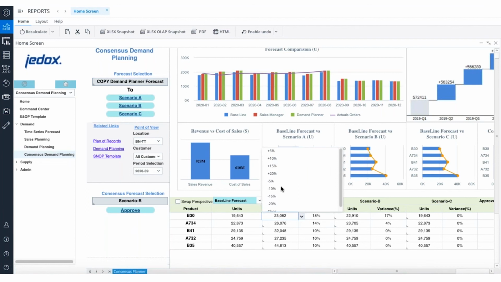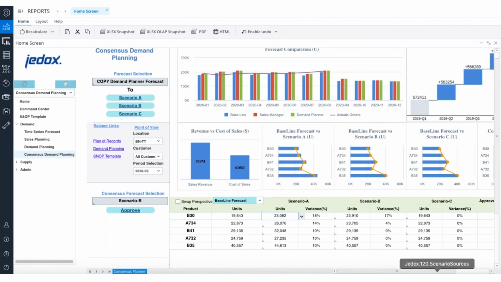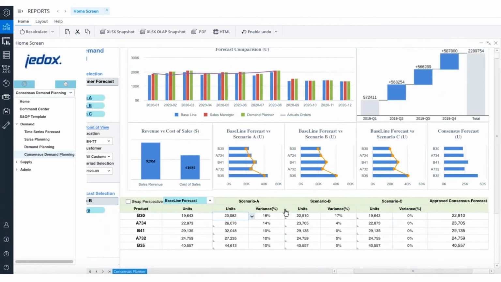Now, when you have adjusted those numbers, you can compare the different scenarios side by side and try to understand what they mean in terms of revenue and cost of sales. Then you could evaluate the options and pick the ones that look most likely, right?